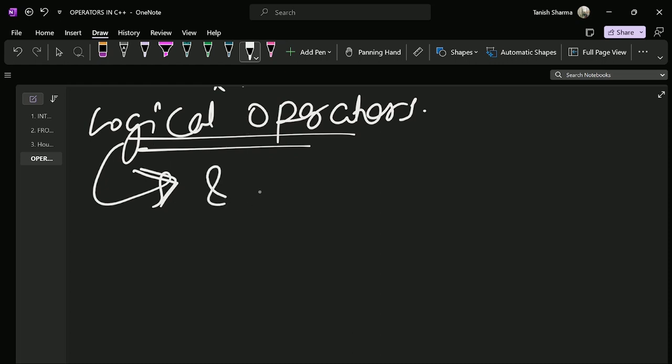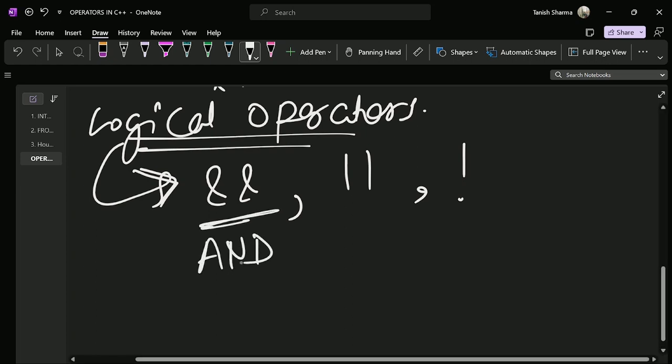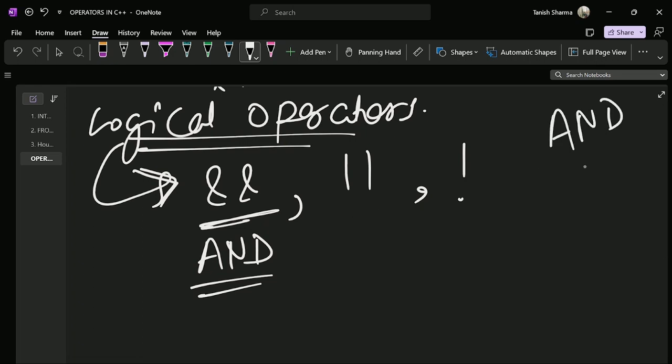So these are and, or, and this is the not operator. This is equivalent to what you have read in your 12th class. That was your AND gate. This was your OR, and this is your NOT.